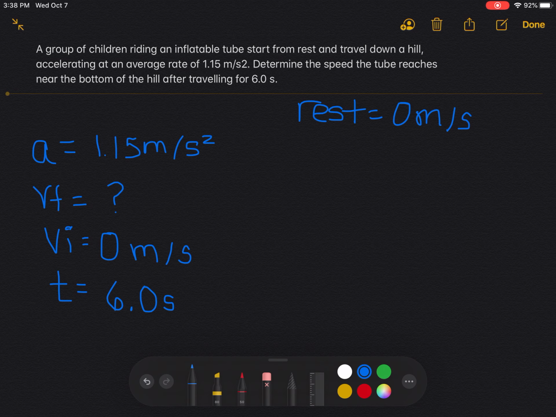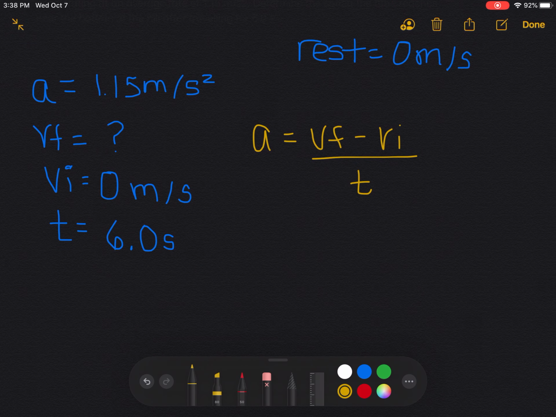It says determine the speed the tube reaches near the bottom of the hill after traveling for 6 seconds. So we want to find out, after 6 seconds, how fast are they going? What is their velocity? So we need to write down our formula just like we did before, and then use it to solve.